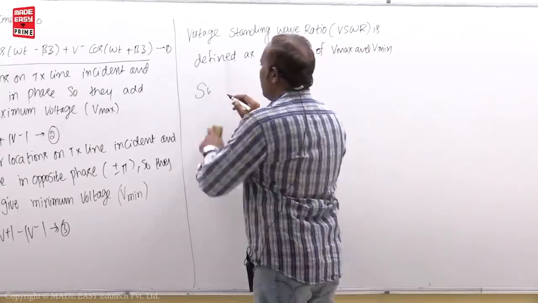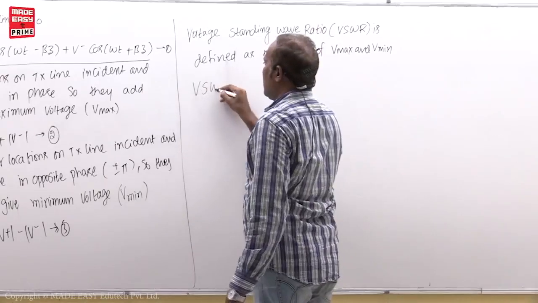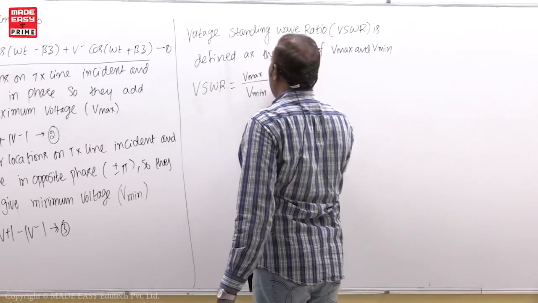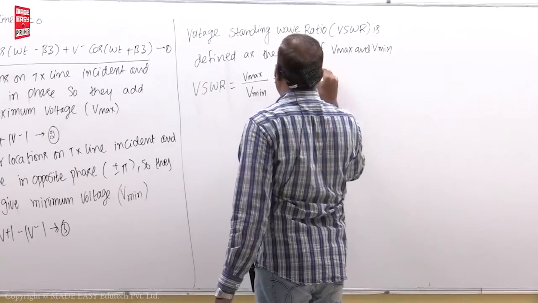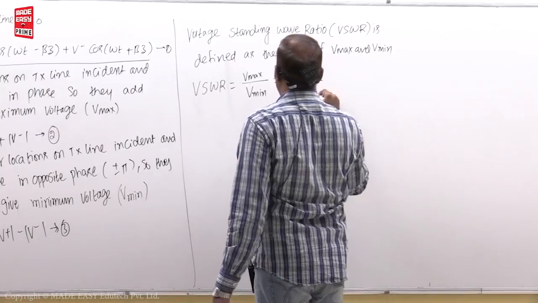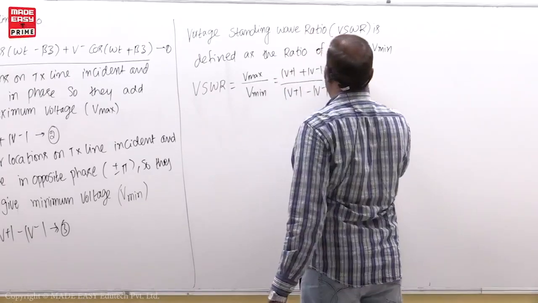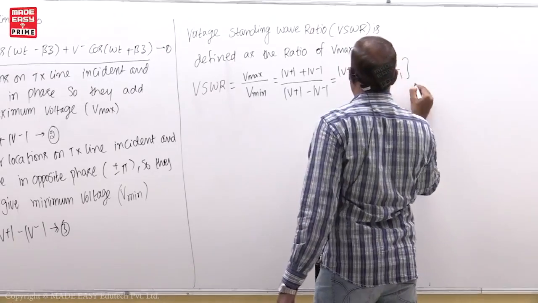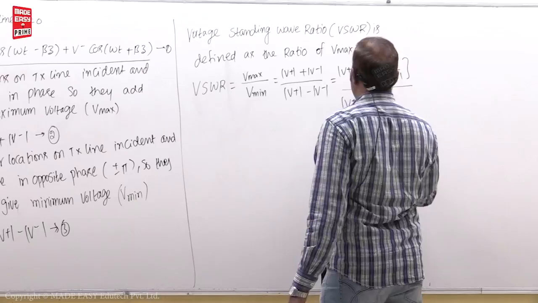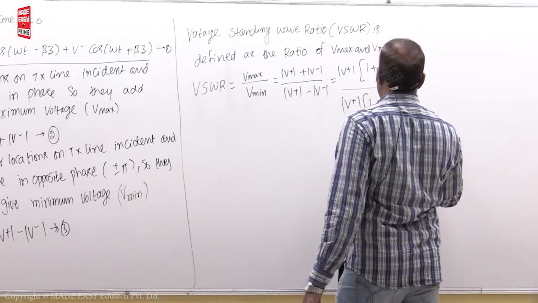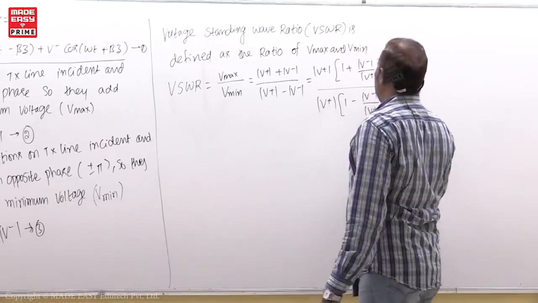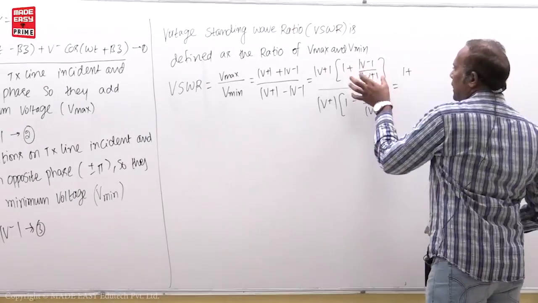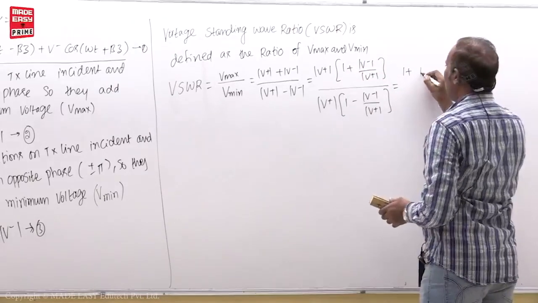So VSWR is equal to V maximum divided by V minimum, V plus plus V minus divided by V plus minus V minus. Here V plus is common, so this cancels, and this is nothing but 1 plus the magnitude of the reflected voltage by the magnitude of the incident voltage, which is the magnitude of the reflection coefficient.